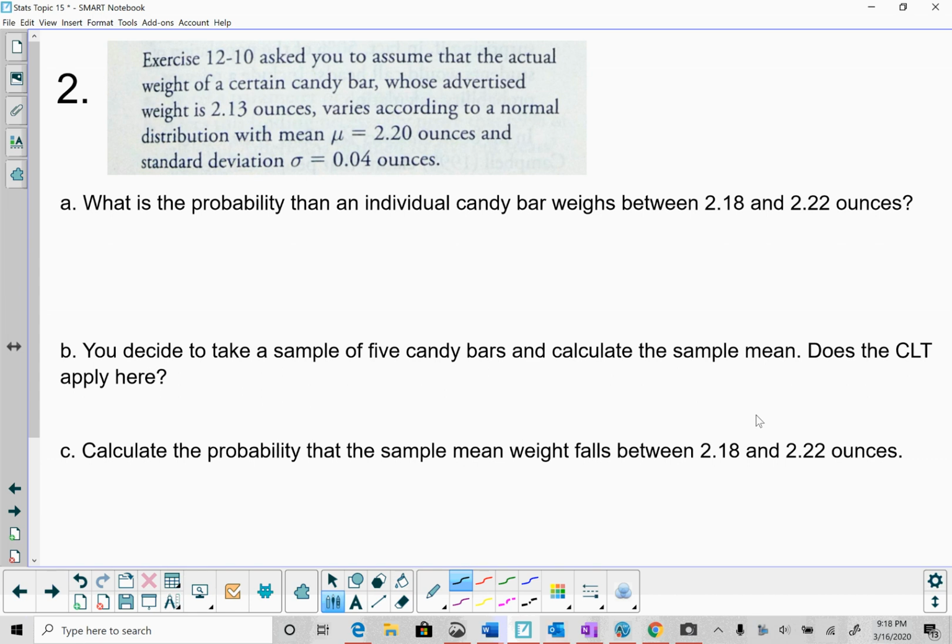We're going to need our cumulative normal distribution function. And they've given us the upper bound and the lower bound here. We need two z-scores.